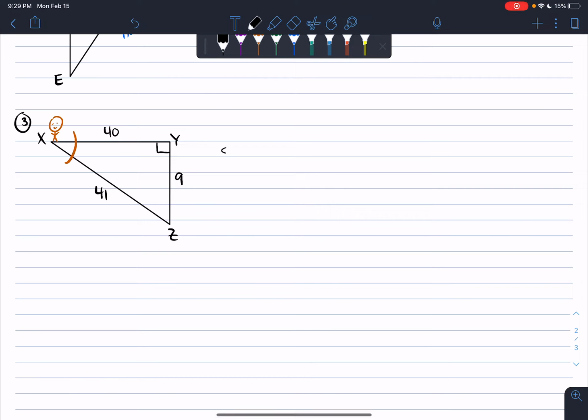So the sine of X is equal to opposite over hypotenuse. Opposite from where we're standing is 9. So I can write that in. Here's O. And the hypotenuse in our triangle is across from Y, or across from the right angle. So it's 41 is our hypotenuse. Okay, so the sine of x is 9 over 41.